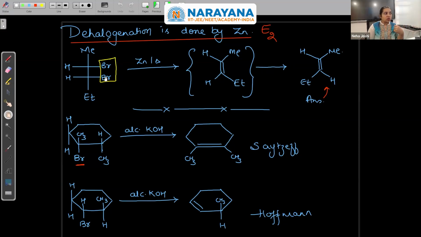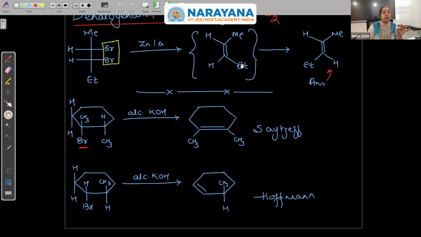Dehalogenation is also E2. Same logic you have to do. Remove the two halogens if they are on the horizontal line and are either on the same side or opposite side of the vertical line, doesn't matter. Remove them, draw alkene, and report the answer as opposite. That is fixed. For Fischer, that is fixed.